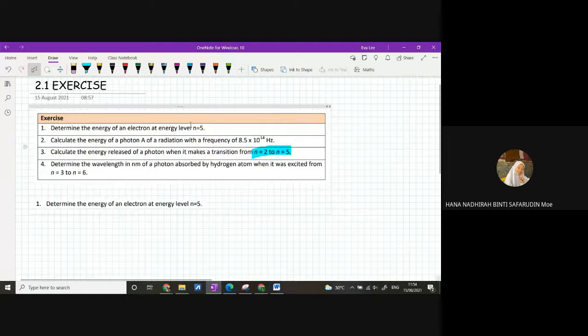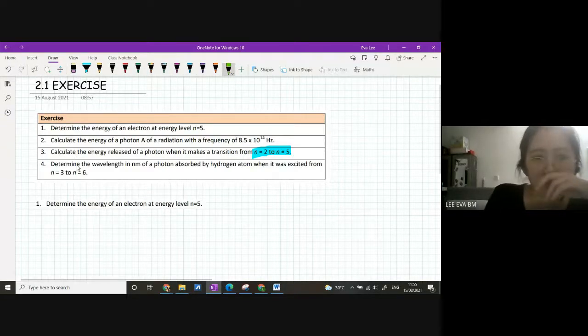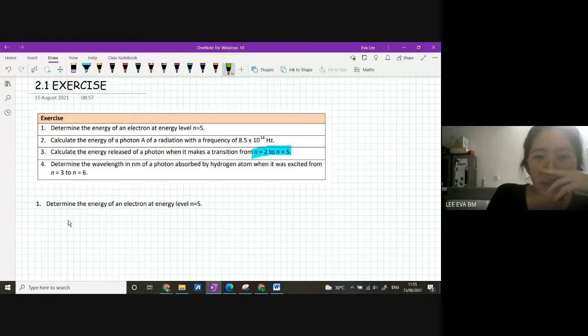Alright. Let's try our first questions together. So which formula you want to apply? Formula number 1. Number 1 tu ialah apa? Determine energy of an electron energy level n equals to 5.